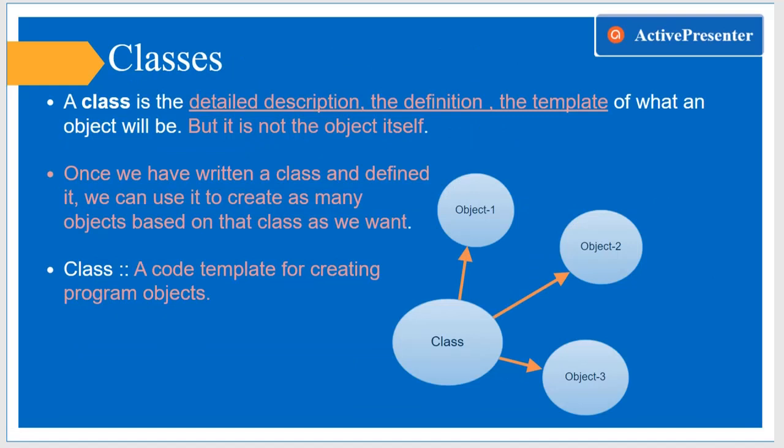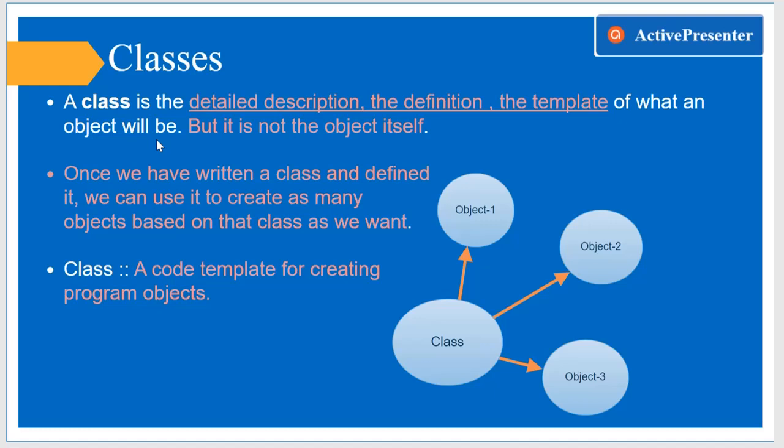So what is a class? A class is the detailed description, the definition, the template of what an object will be. So how the object will look, what an object is, that we can know from the class.